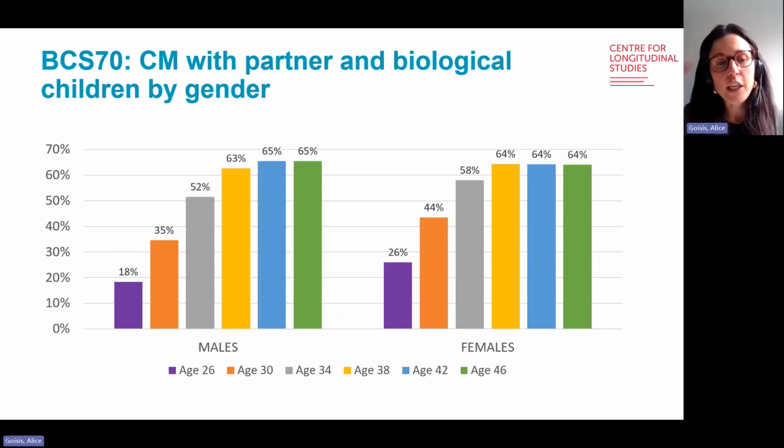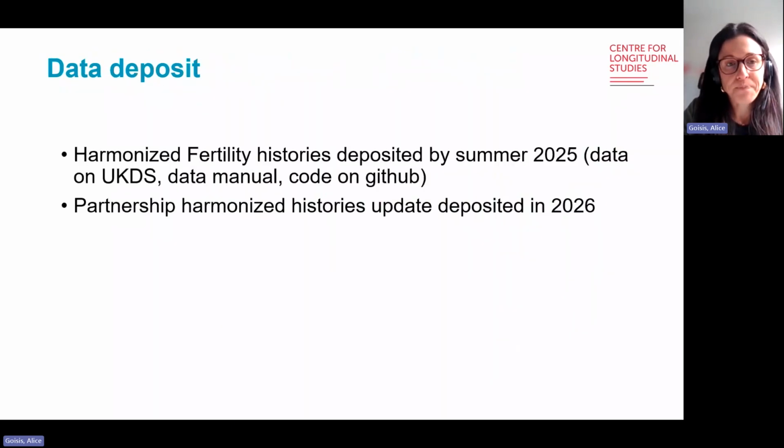And finally, we can see gender differences in the proportion of cohort members who have a partner and a biological child across the ages for males and females.